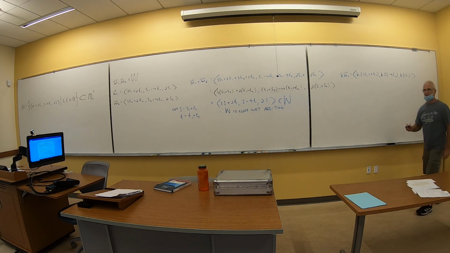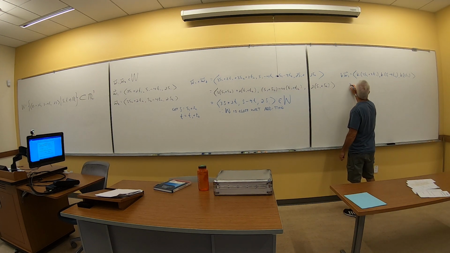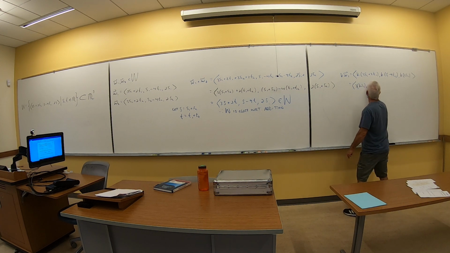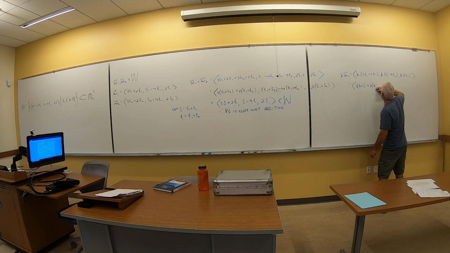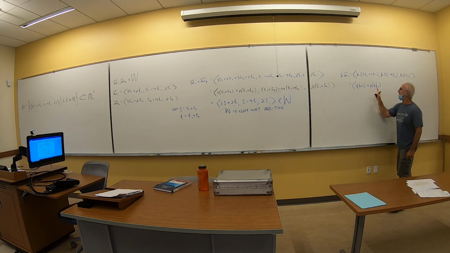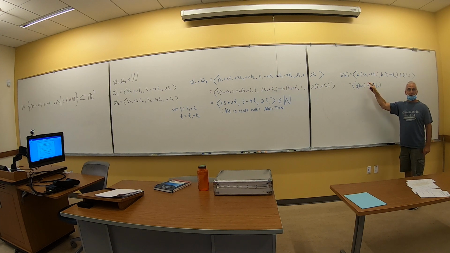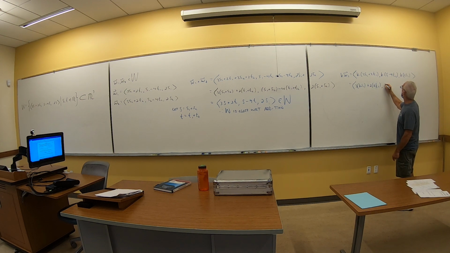So can I manipulate this? How about if I rewrite it like this: 3ks1 plus 2kt1. Would that work for the first one? I just used commutativity and associativity to rearrange and regroup. And this one, how about if I wrote it as ks1 minus 4 times kt1.